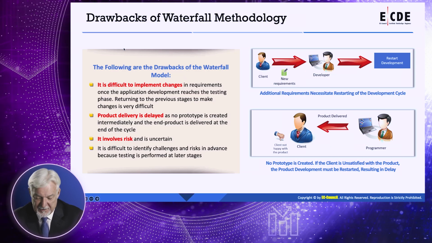It was a 5-month project that was 3 weeks from deployment, and the security was inadequate, and so we had to kind of hit a reset button on the whole thing. And there's no prototype that's typically created. If the client is unsatisfied with the product, development must be restarted, resulting in delay. So again, it's kind of like what you code is what you get.